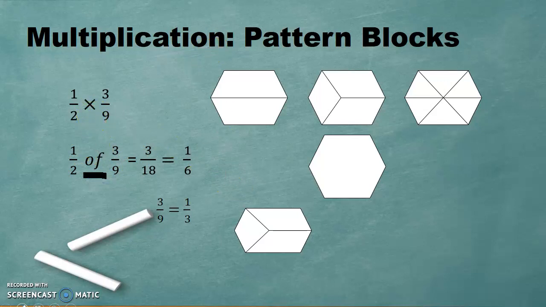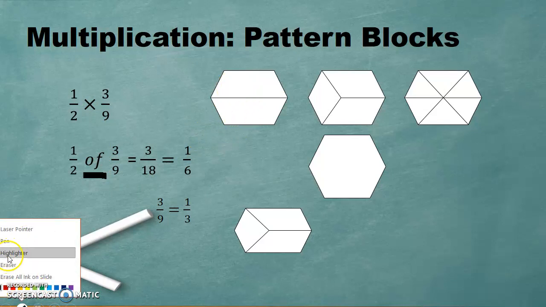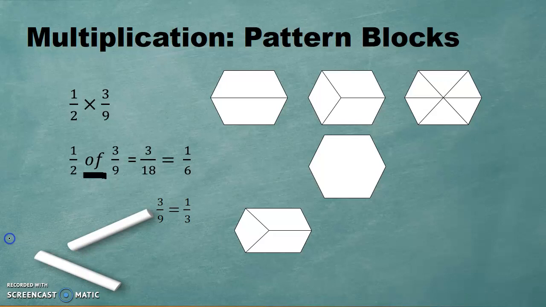So I have some models over here for my pattern blocks. So this is my whole, so this equals 1 whole, and then I have my whole here divided into halves.